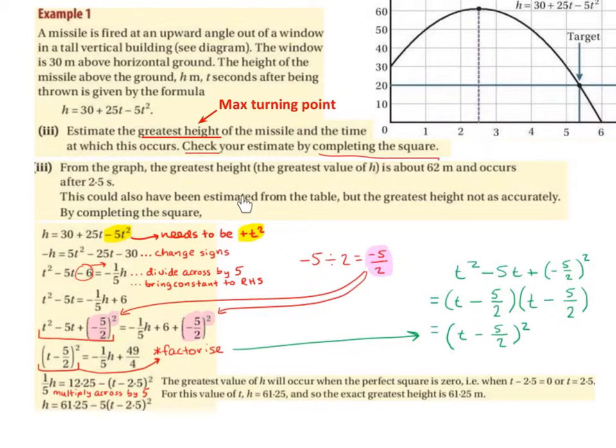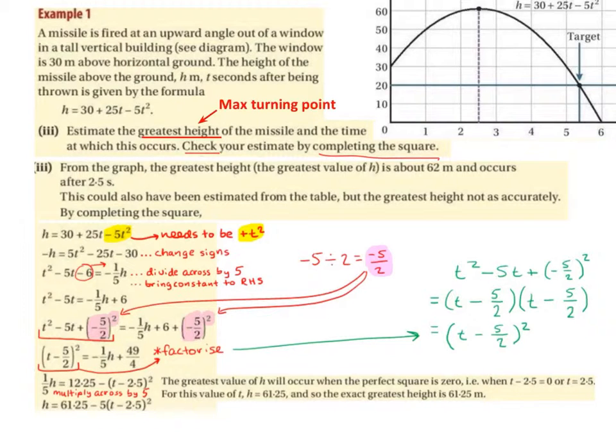This could also have been estimated from the table, but the greatest height not as accurately. By completing the square, we start off with our equation, so we have h equals 30 plus 25t minus 5t squared. Well, the first thing we have to do is change this to a positive.